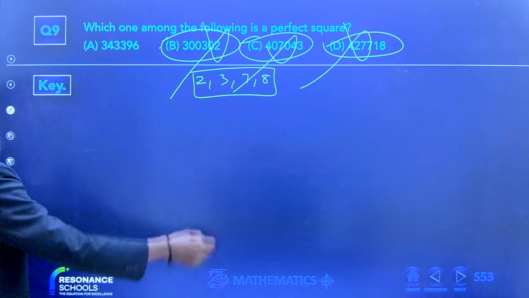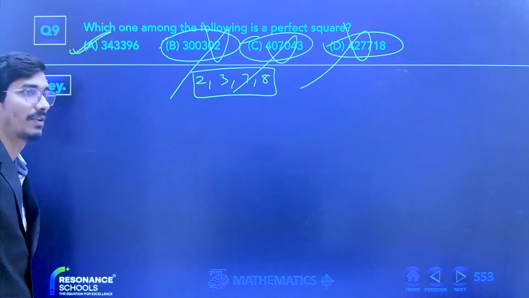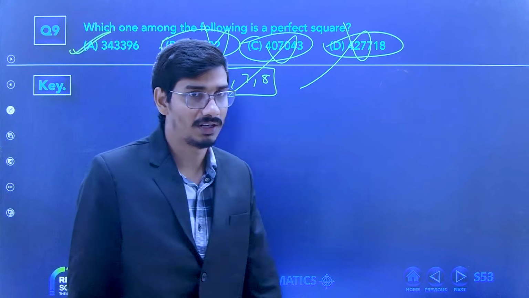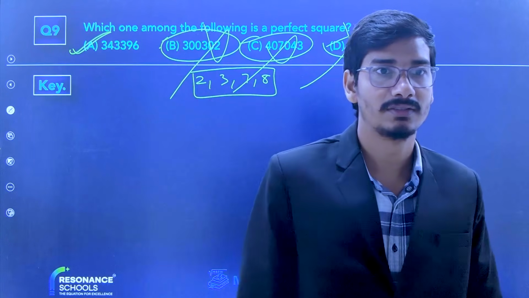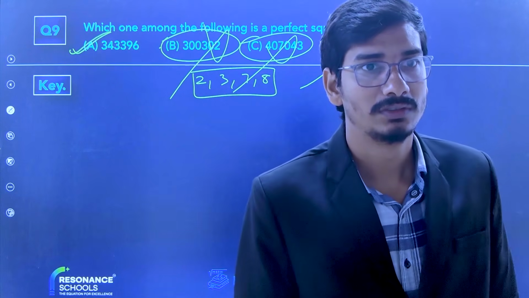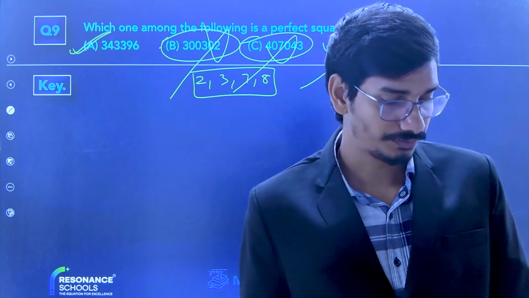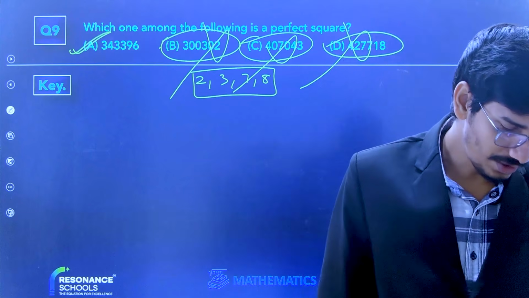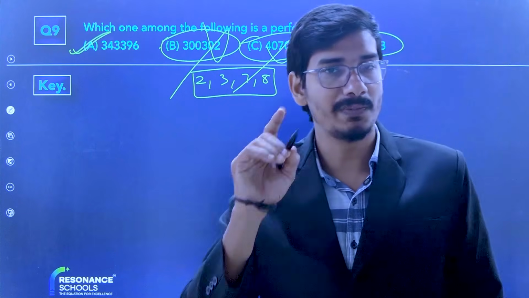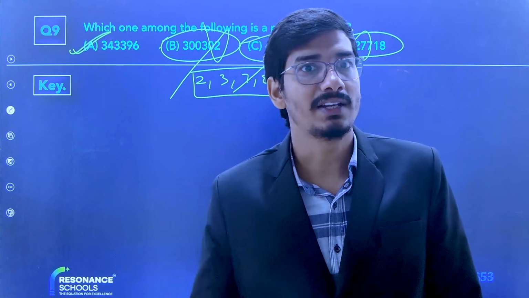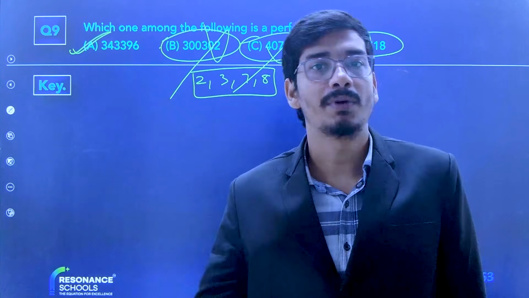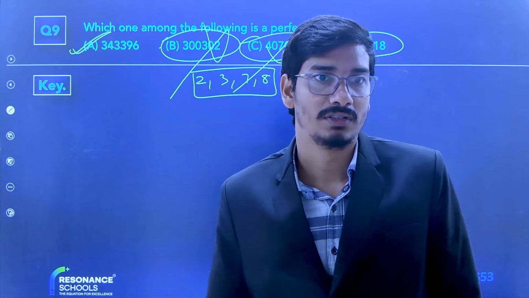So the remaining only one number which is a perfect square is 343396. If the unit place is 2, 3, 7, 8, that number is not a perfect square of any number.